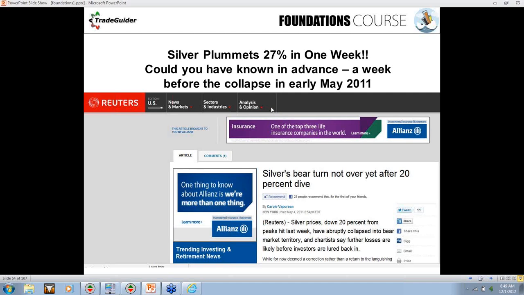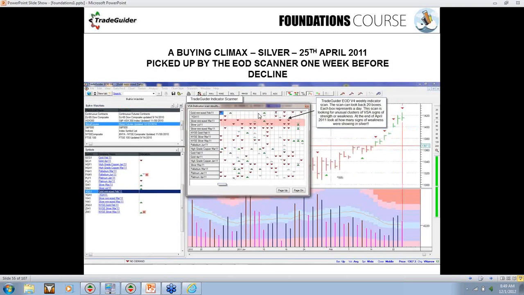This is the indicator scanner in TradeGuider end of day. Now you can use it in any market. You can use it in stocks, futures, you can even use it in Forex because we've got end of day Forex data. It's very valuable when you can actually see a cluster of indicators at the right edge.